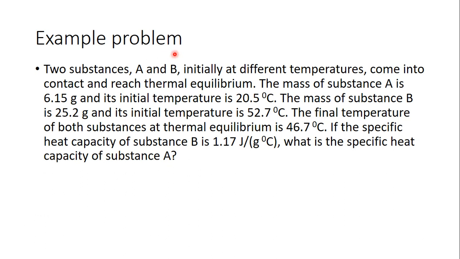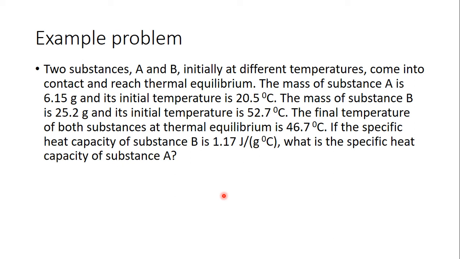Alright, so let's take a look at how we use these. I have two substances, A and B. They are at different temperatures and they come into contact and reach thermal equilibrium, which means they are at the same temperature. The mass of substance A is 6.15 grams, and initially the temperature is 20.5 degrees centigrade. Mass of substance B is 25.2 grams, and initial temperature 52.7 degrees centigrade.